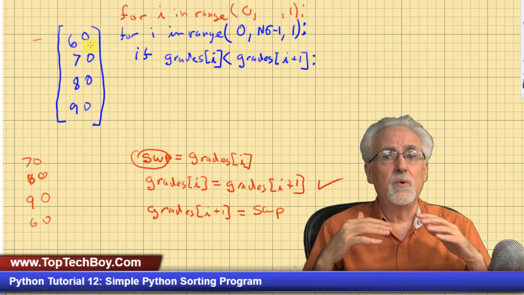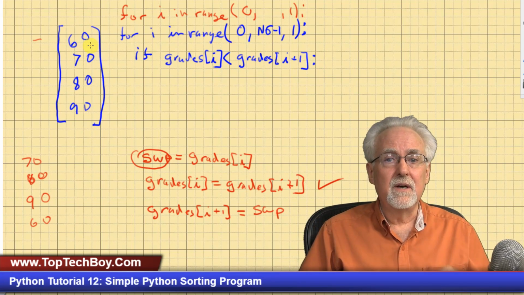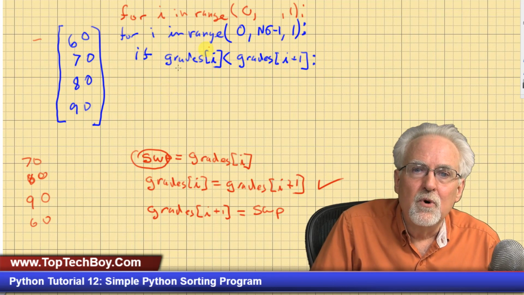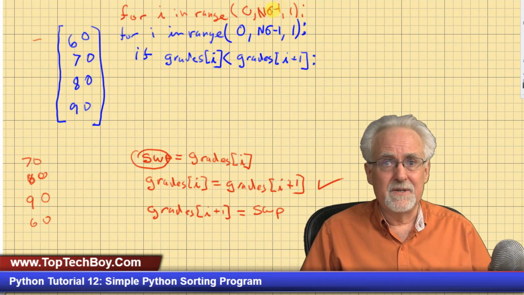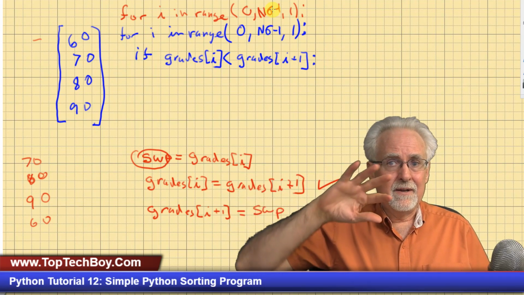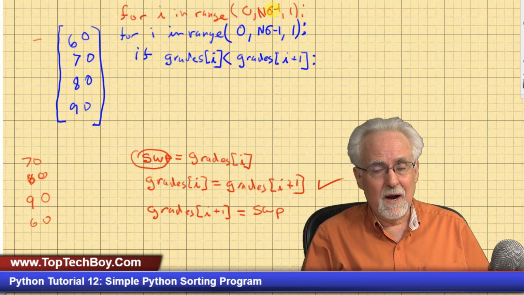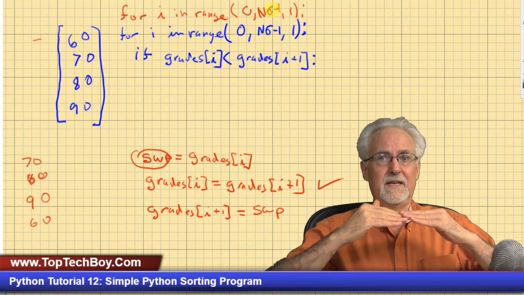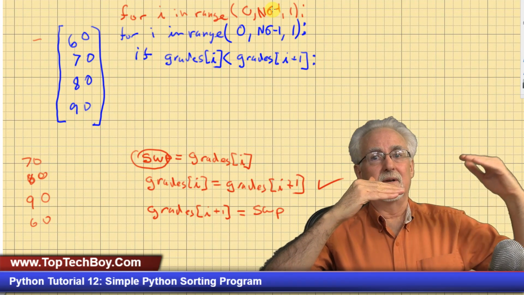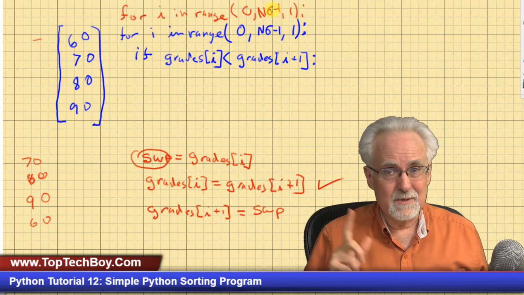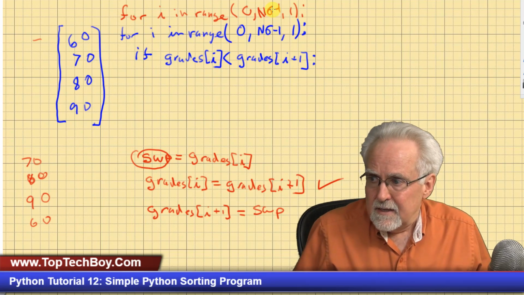We don't need to go through num grades times. We need to go through what? Num grades minus 1. Again, because you'll get the 60 right, you'll get the 70 right, you'll get the 80 right, and if the 60, the 70, and the 80 are in the right spot, 90 has to be in the right spot. So you think about that.